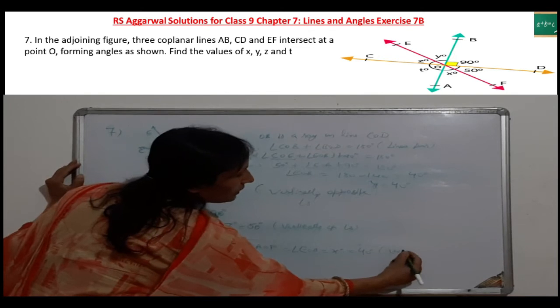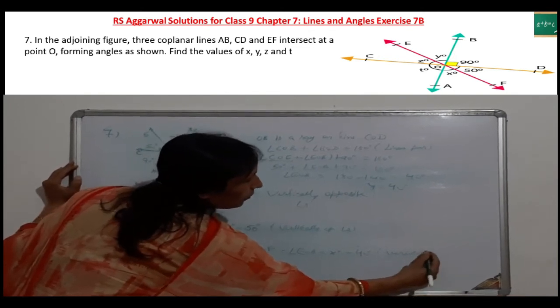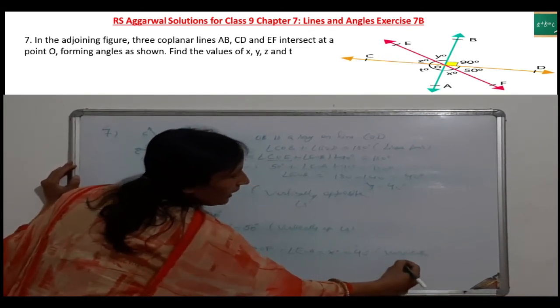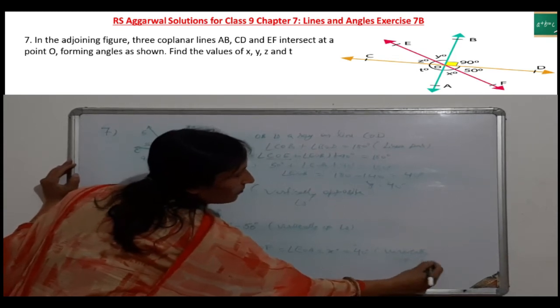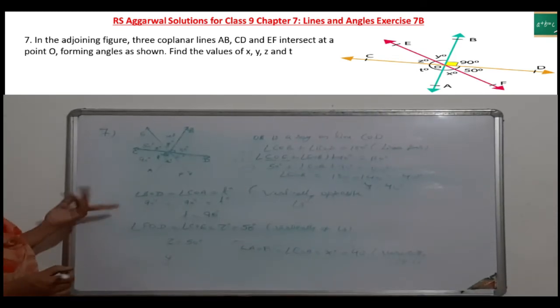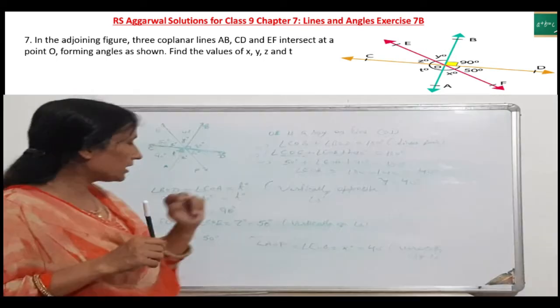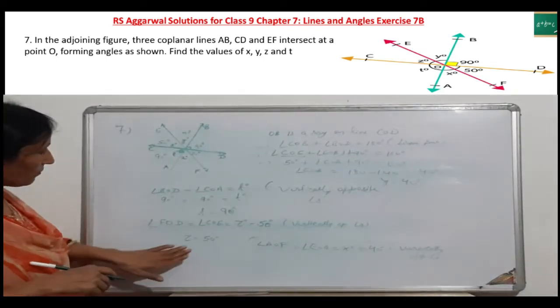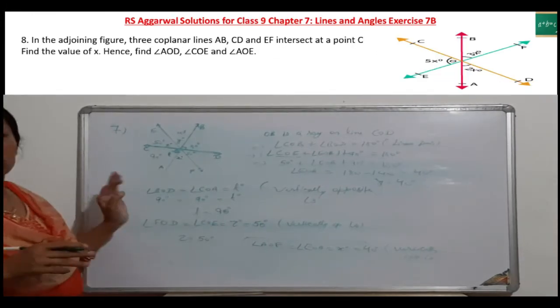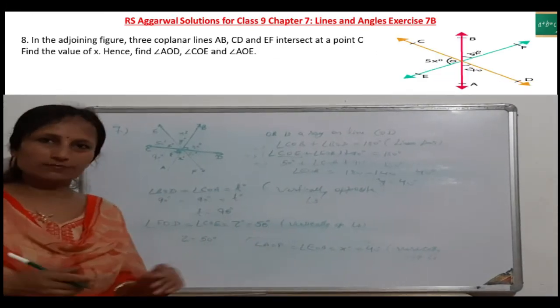So we got X is equal to 40 degrees, Y is equal to 40 degrees, Z is equal to 50 degrees, and T is equal to 90 degrees. So we got all the angles.